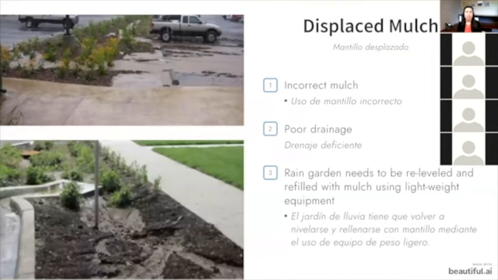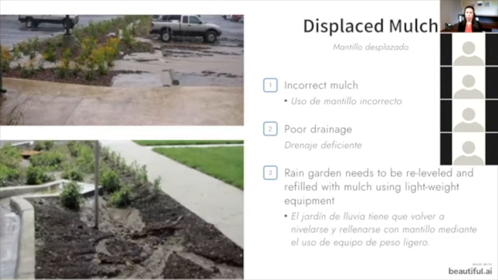One of the issues that you might see with rain gardens is displaced mulch. And this can happen because you're using the incorrect mulch. The best type of mulch to use is shredded mulch because it holds together more versus chipped mulch, which is very lightweight and can float easily. So it really is best though to use mulch versus using rock.